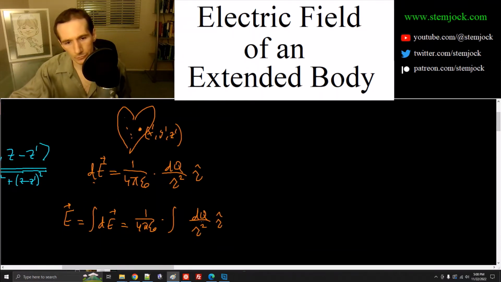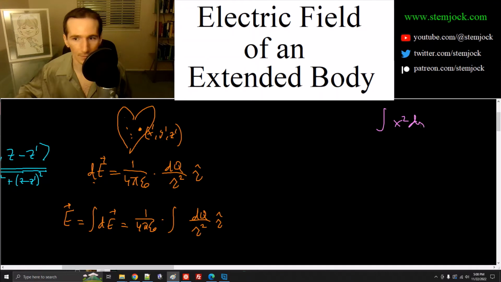Now you may find it strange that this is an integral over dq. Back in calculus, we evaluated integrals like x squared dx. It's weird to have dq and r. So as it is, this integral cannot be manipulated because q is a physical quantity. It is a charge. It's what you can measure.